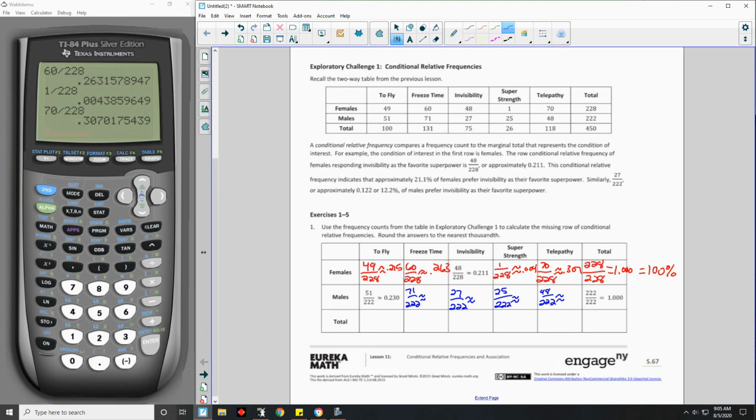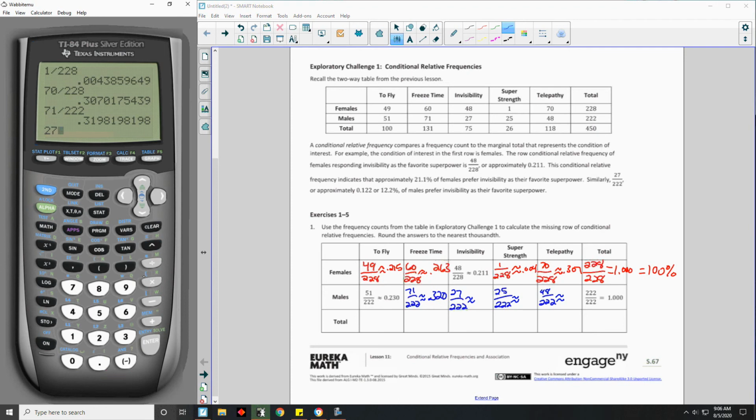And then we just do 71 divided by 222, and that is 0.3198, rounds up to here, so that'd be 0.320. So that's approximately 0.320.